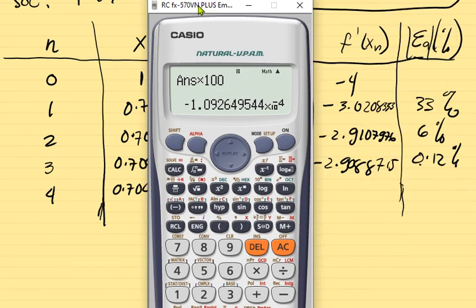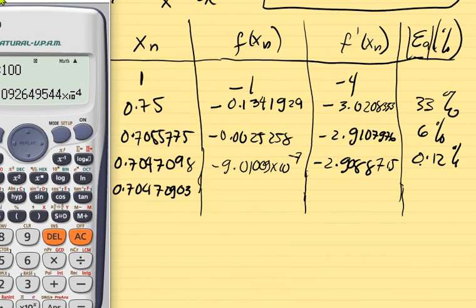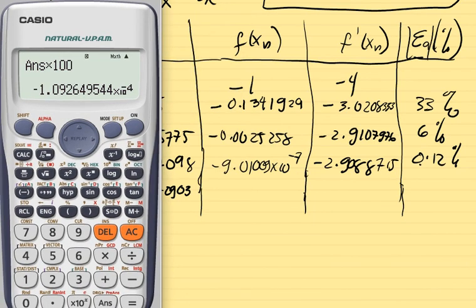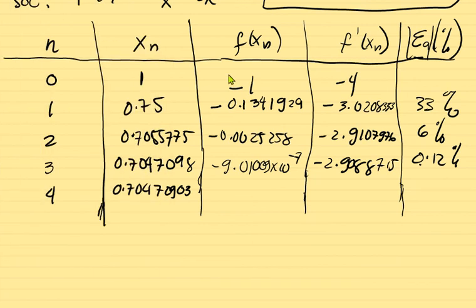So this will be our new approximate error, 0.000109. So it's now less than 0.005, 1.0926 times 10 to the negative 4%. So we can now stop our iteration.